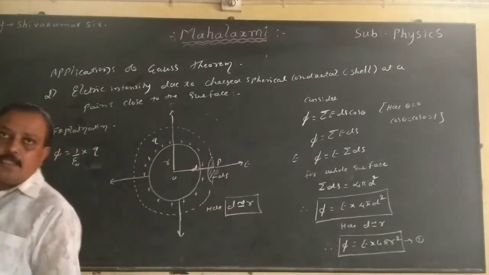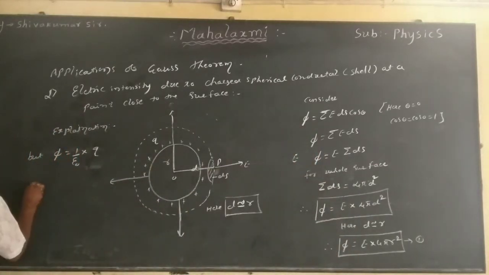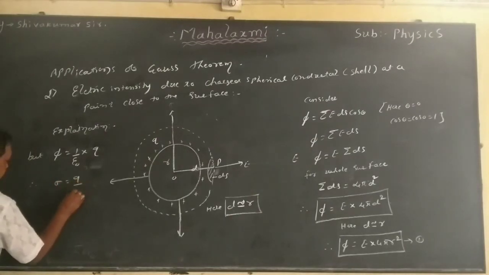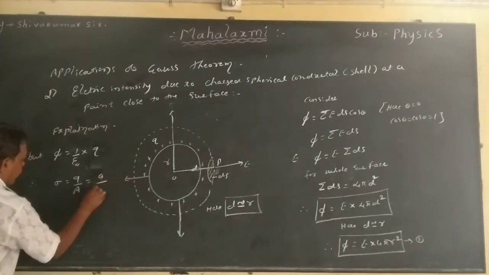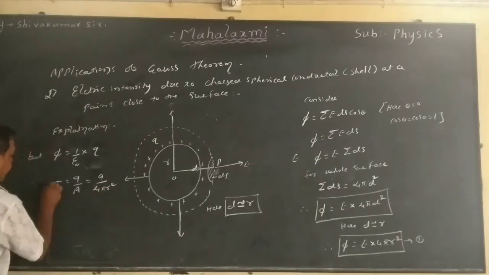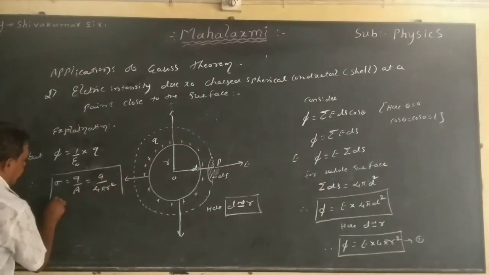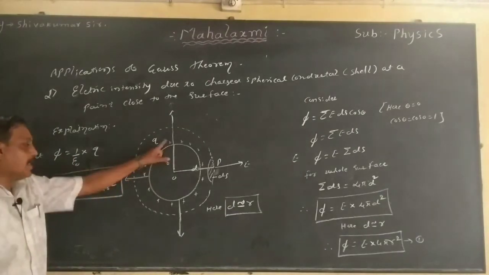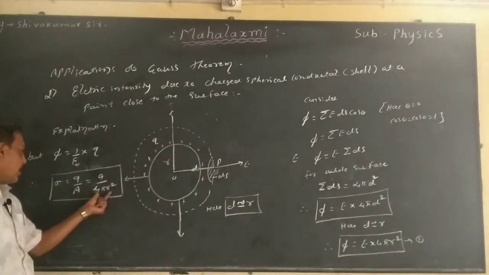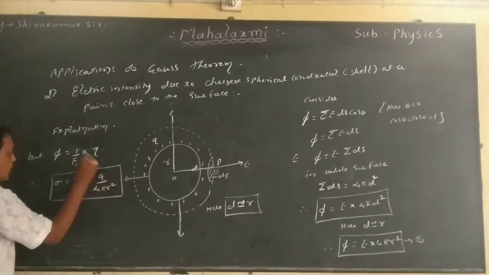So, from the surface density of the charge, sigma equals charge per unit area. What is that area? It is the surface area of a spherical conductor. Surface area of the sphere is 4 pi r square. I need charge q.